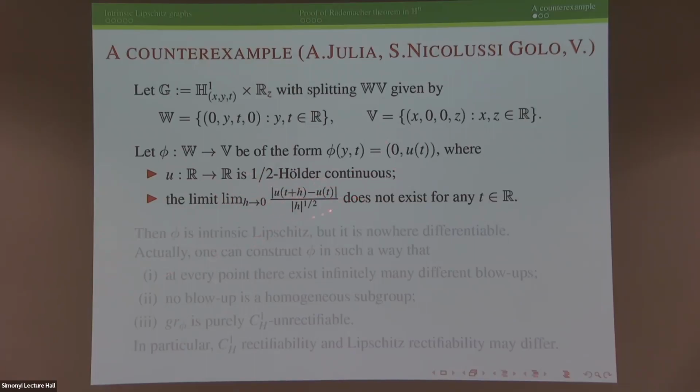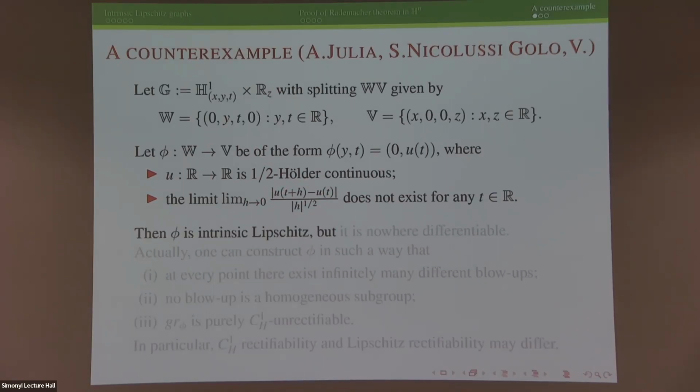This object here is somehow the Hölder difference quotient, which we know is bounded. You can produce a 1/2 Hölder function for which this limit does not exist at any point. There are classical ways of producing such a function. I also have some picture later.